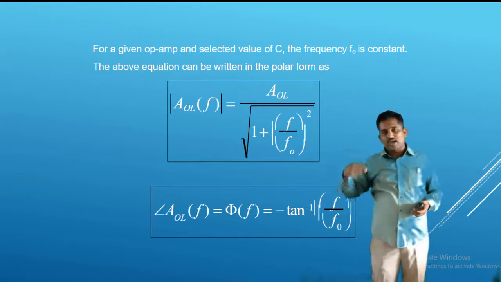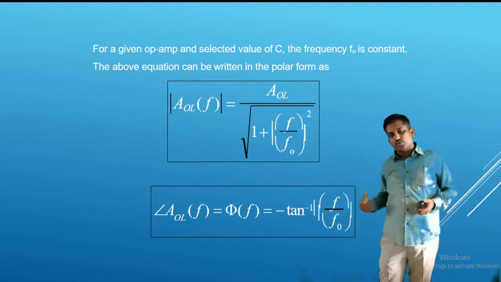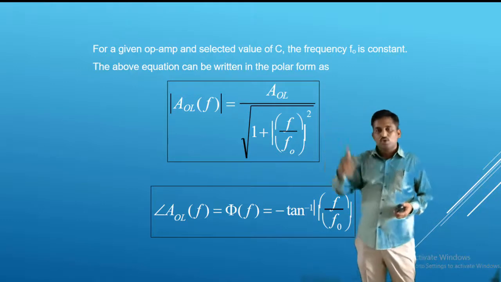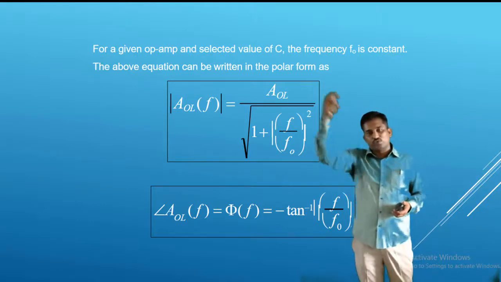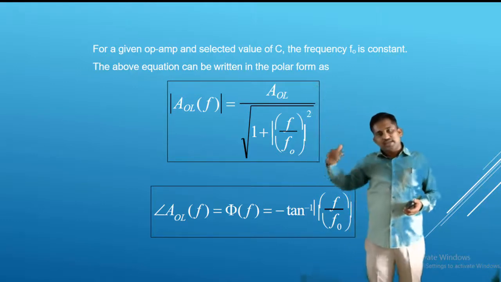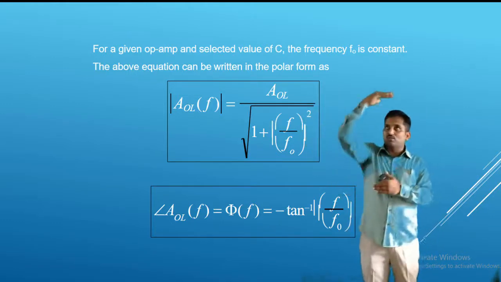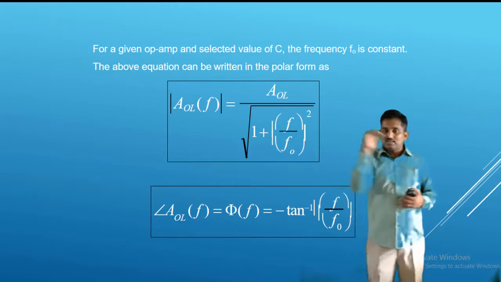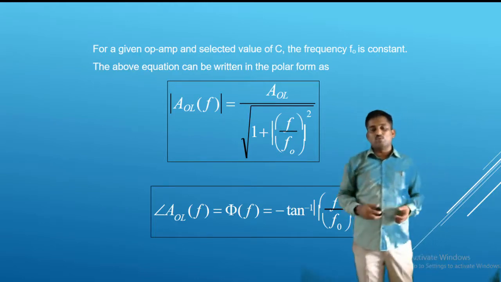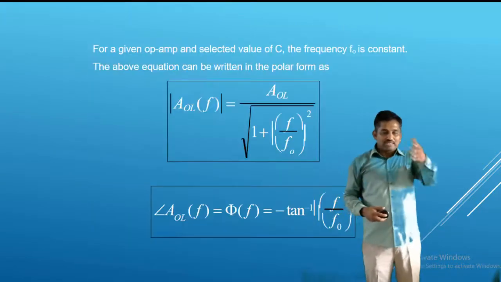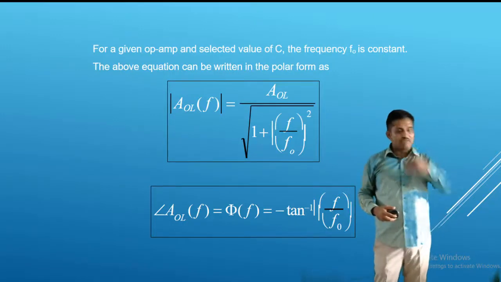But here we are having the roots as zero, so we are having tan inverse of real part by imaginary part minus tan inverse of imaginary part by real part. Why? Because if we are having a zero and a pole. But in this transfer function we are having only a pole, so we are getting tan inverse of f by f0.